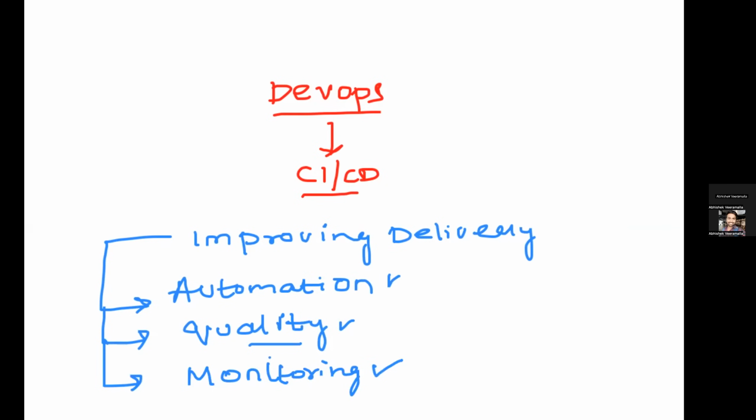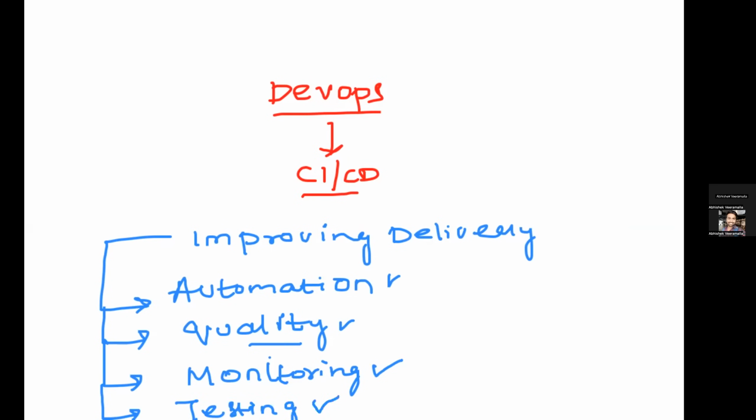That is monitoring. And finally, there is one more important aspect, any guesses? You have quality, automation, monitoring. The other important aspect is testing.